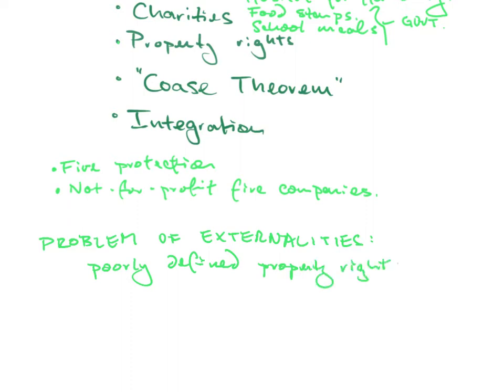Property rights is a general term that doesn't refer to land property in particular. It's a general term for who has the right to do what with a resource. And again, problems with externalities arise when property rights are not clearly defined.